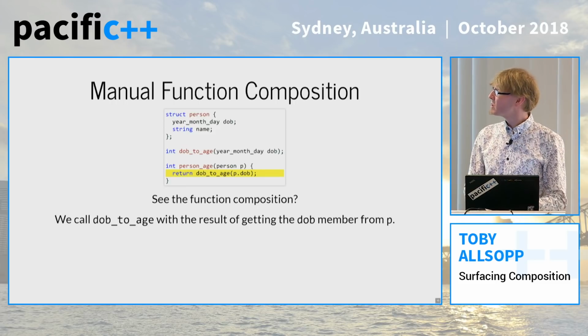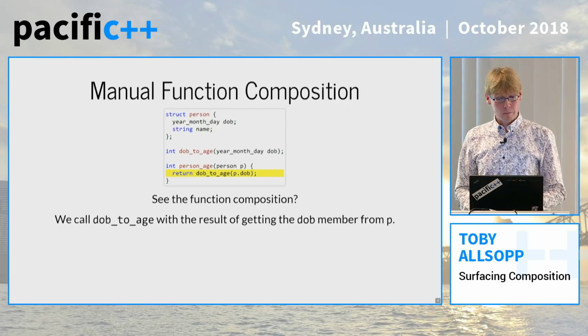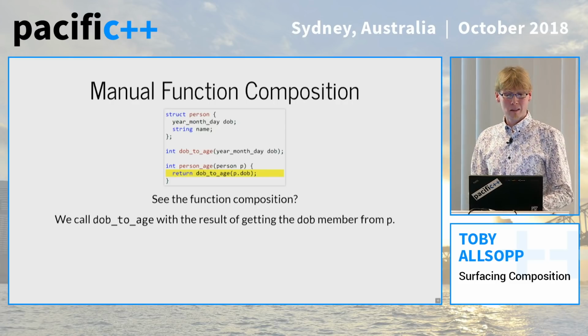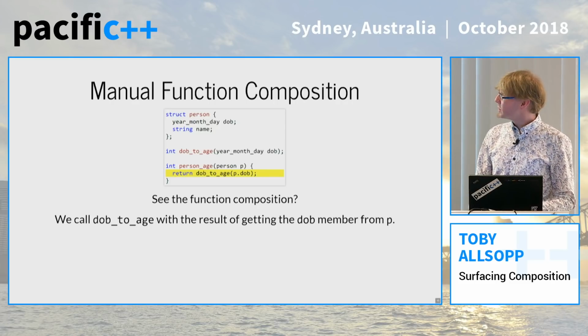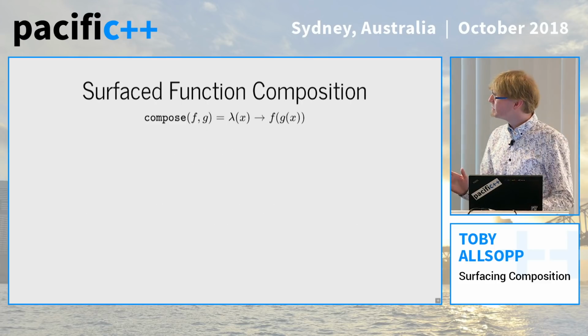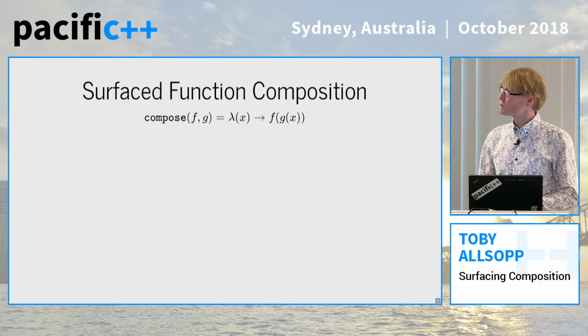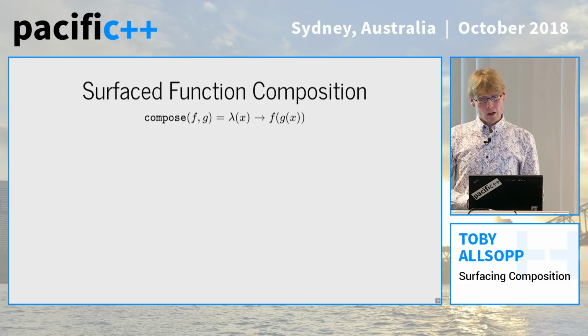We first call the DOB pointer to data member, and then we call DOB to age. So what I'm going to talk about now is how to bring that to the surface in the code.